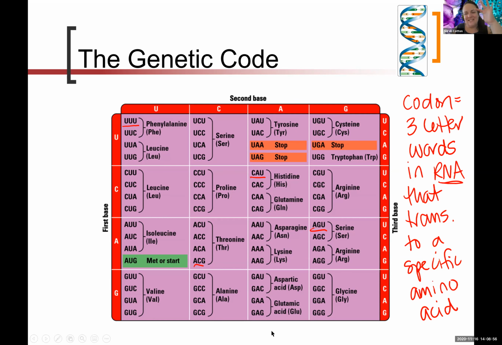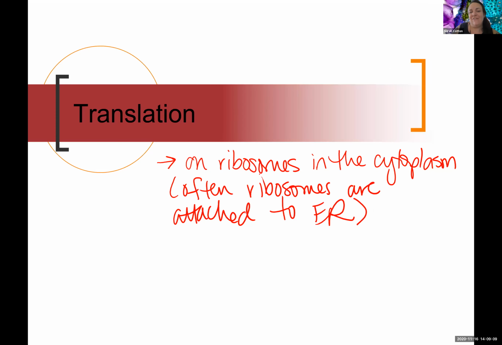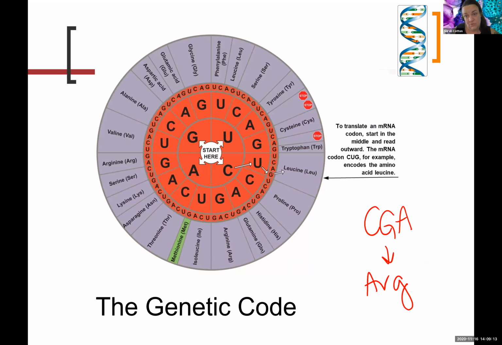So the contents of these two tables are exactly the same as far as what they tell you. The difference is just how it's presented. In some ways, I find this one easier to look at. In other ways, this one is easier to use. Regardless, I will absolutely never expect you to memorize this entire table.